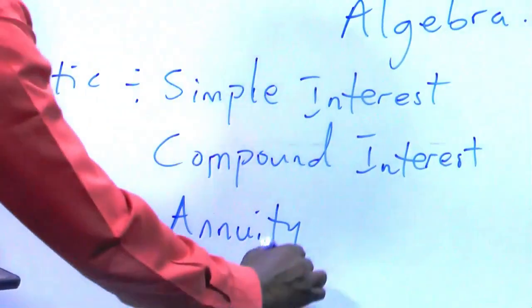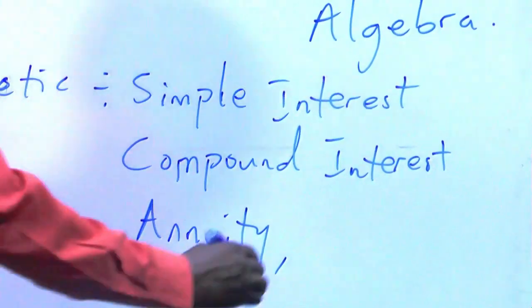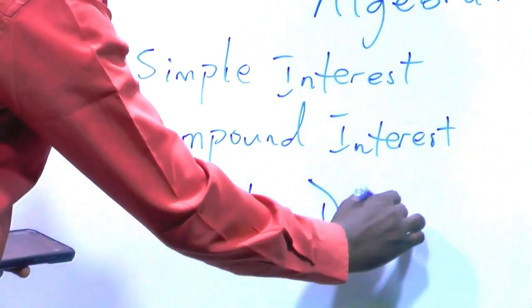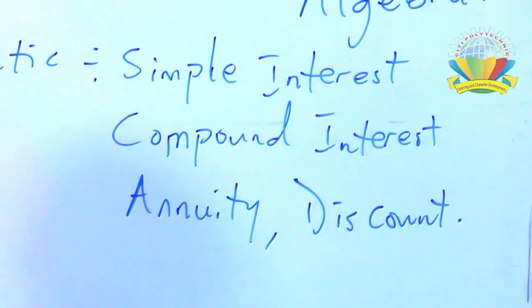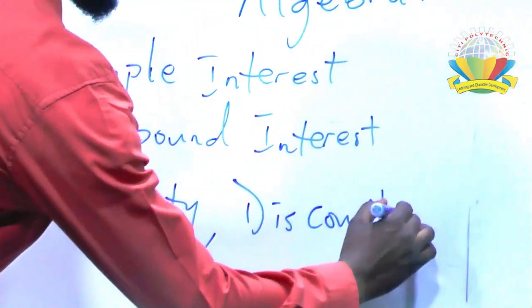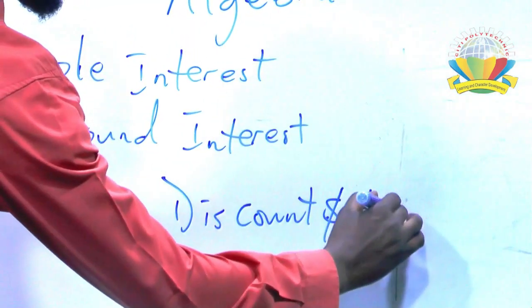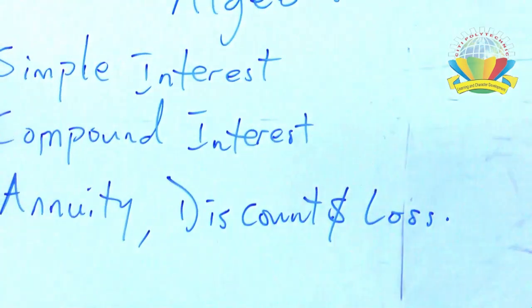We also have discount, and discount and loss. So that is under arithmetic.